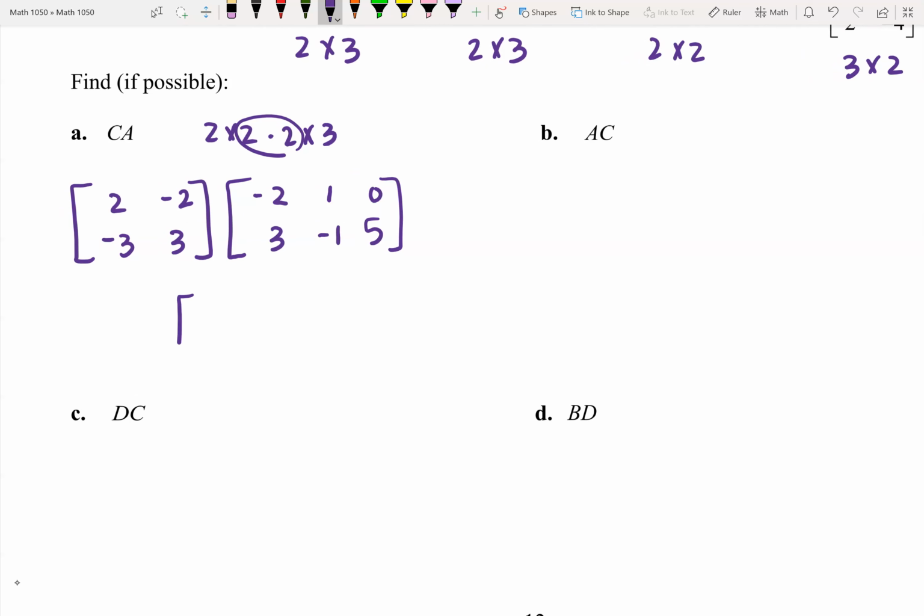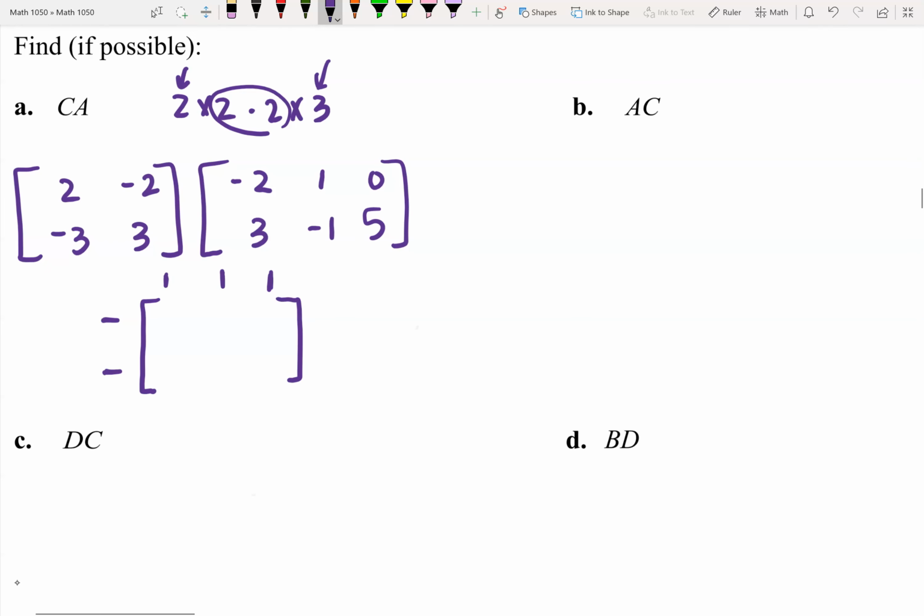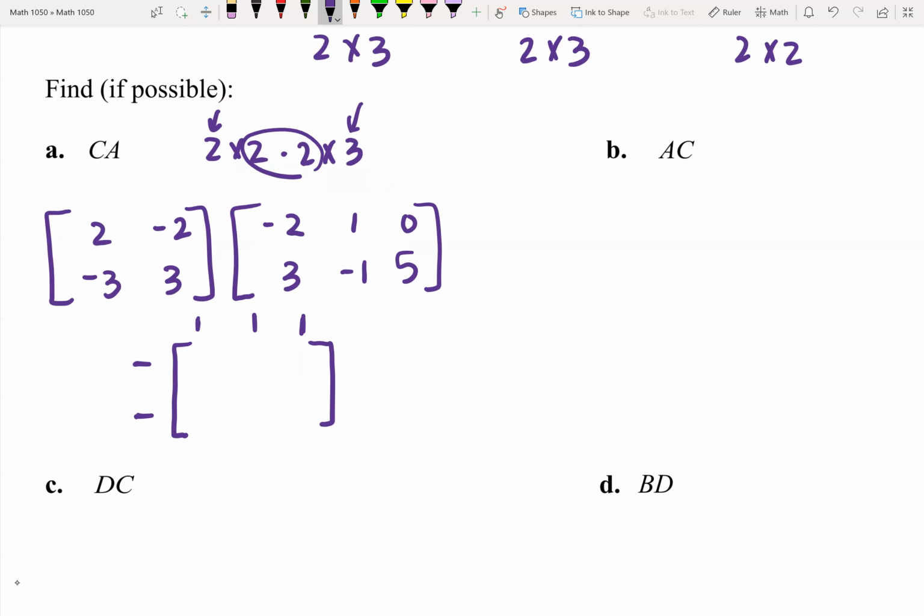I'm going to make a skeleton for my solution. My solution is going to have 2 rows because of that 2, and 3 columns because of that 3. So now I've set myself up, because people get a little confused about where to put things and how big it is.